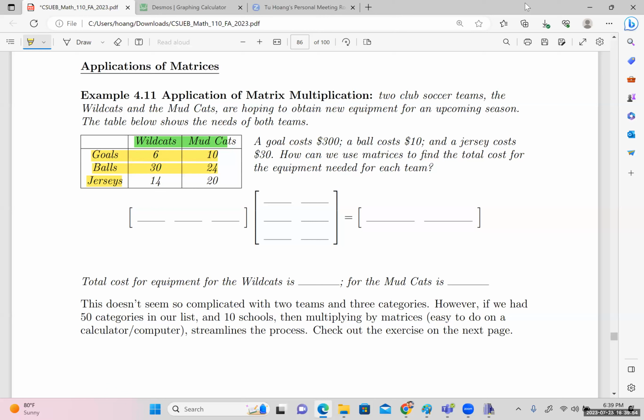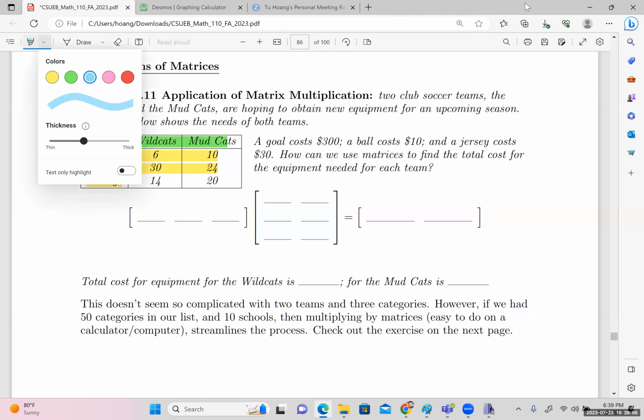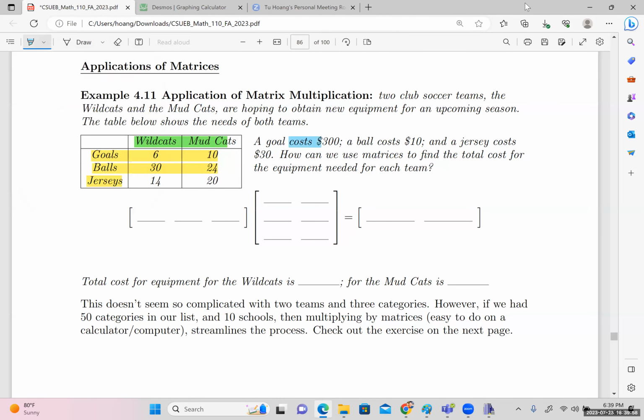There is some information that you may consider: a goal costs $300, a ball costs $10, and a jersey costs $30. How can we use matrices to find the total cost for the equipment needed for each team? So in this case, you will set up matrix multiplications.